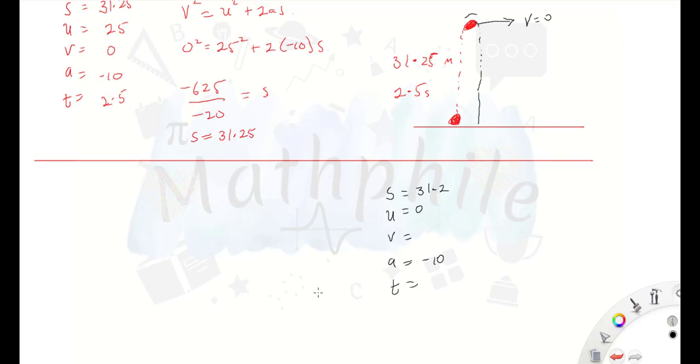Okay, so you can use x equals ut plus half at squared. U is 0, t is what we want to find.